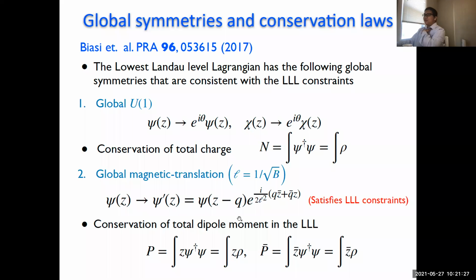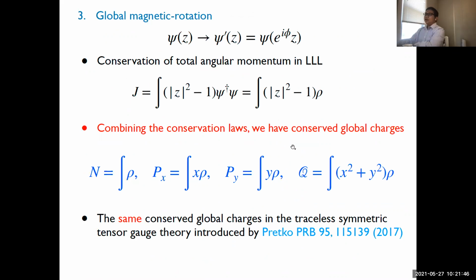And from this global magnetic translation, you have the conservation of the total dipole moment in the lowest Landau level. To derive this equation, again, you need to use the lowest Landau level constraint on the electron field. We also have the global magnetic rotation, where you just rotate the coordinates.